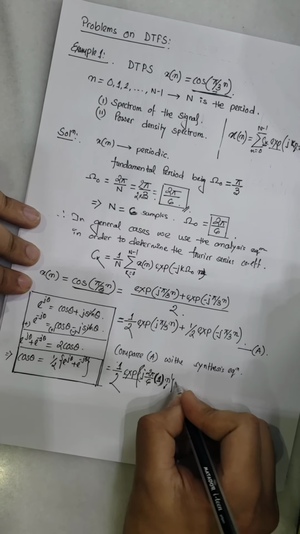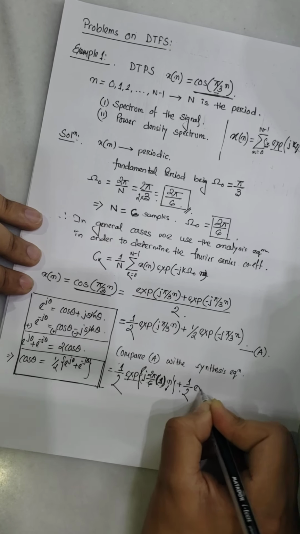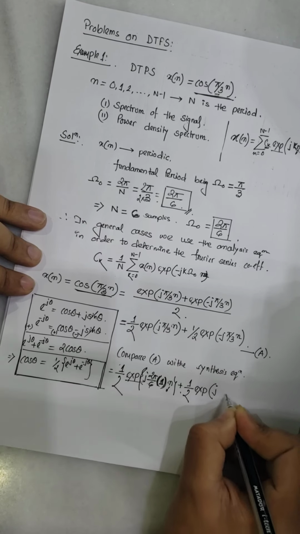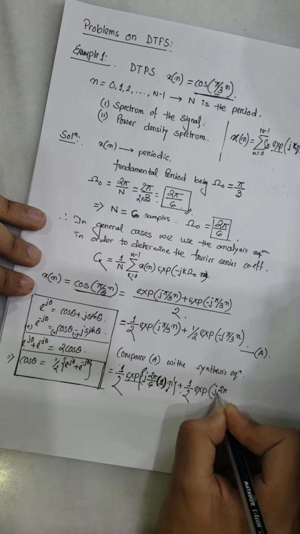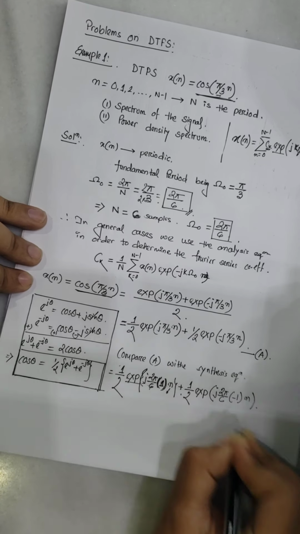Now moving forward, in the next part we can write similarly half e to the power j twice pi over 6 times minus 1 n.